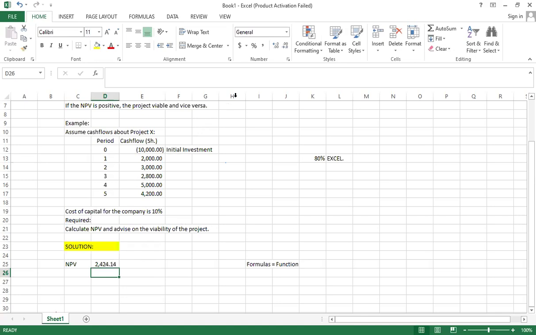Could somebody confirm that you are also getting the same figure? You can tell me in the chat.